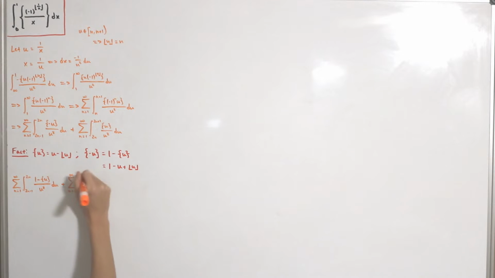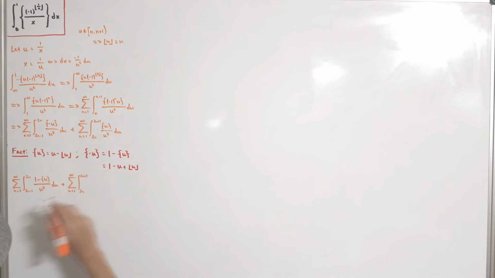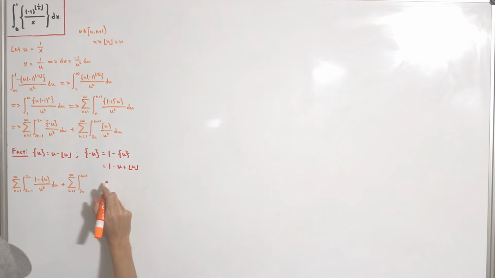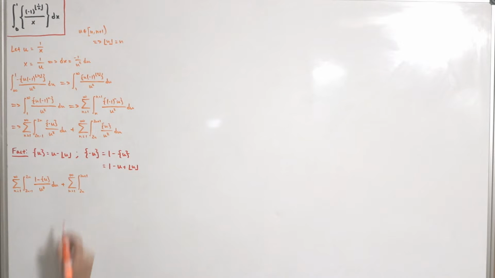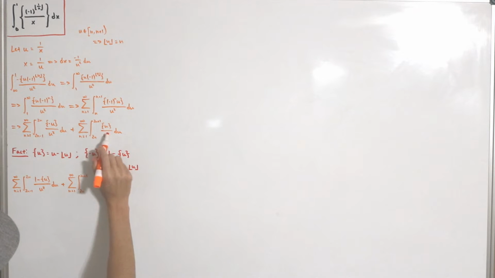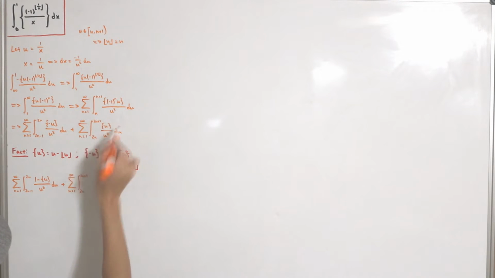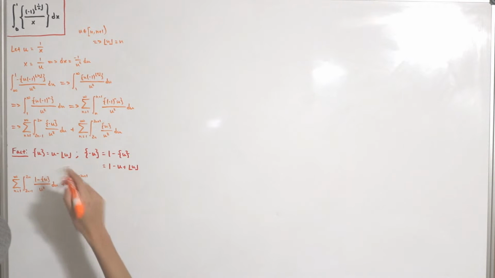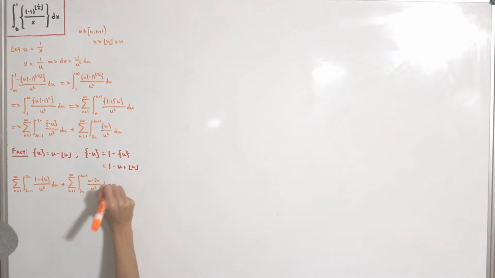So n equals 1, from 2n to 2n plus 1, of the fractional of u. Within the interval 2n to 2n plus 1, we plug in that the floor of u is 2n. So this will be u minus 2n divided by u squared du.